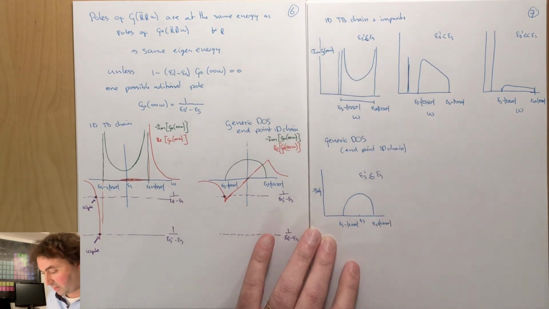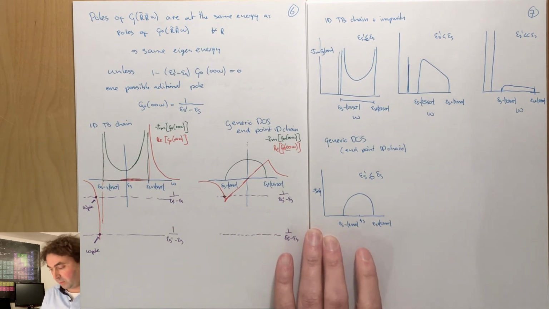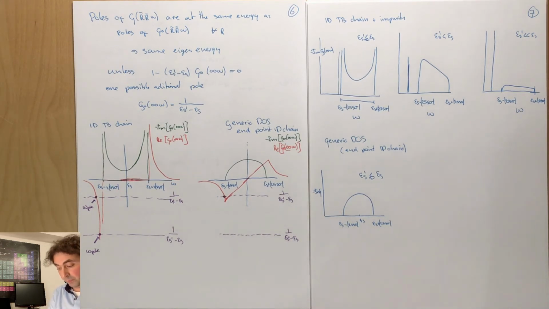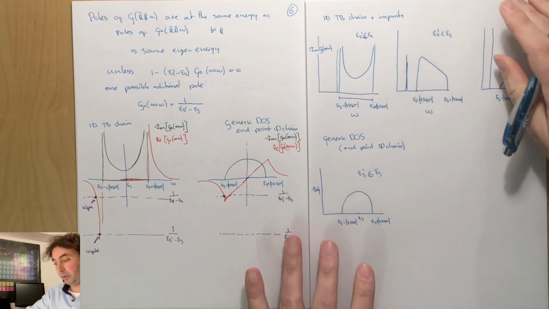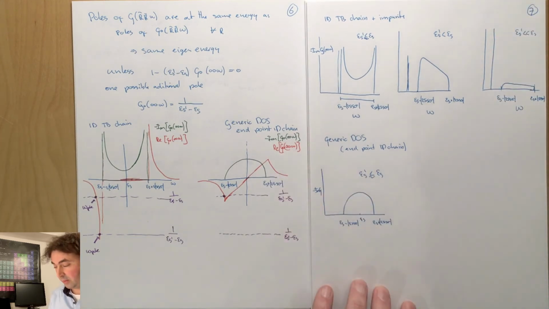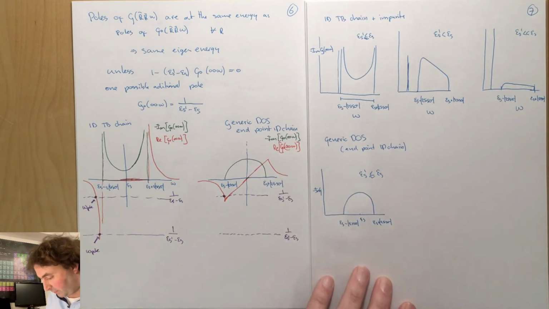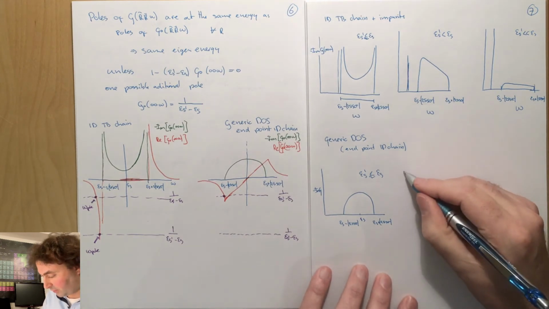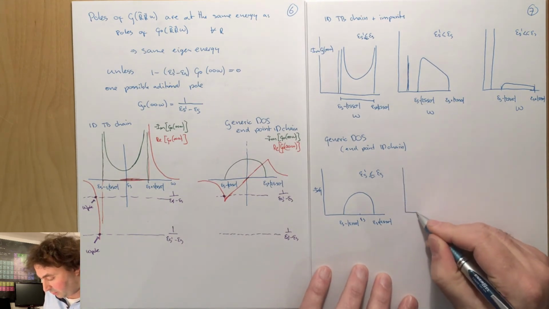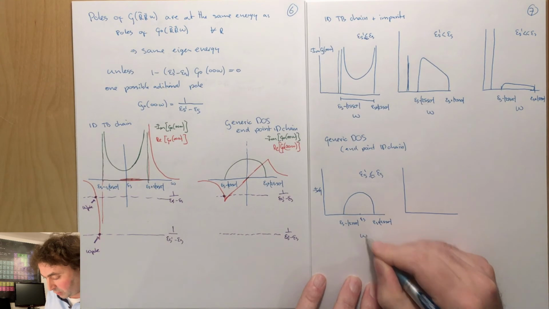When epsilon s is almost equal to epsilon s prime, then it will be very hard to see any difference from a system without an impurity, even when you look at the site of the impurity. There is no additional bound state, there is just nothing special happening.